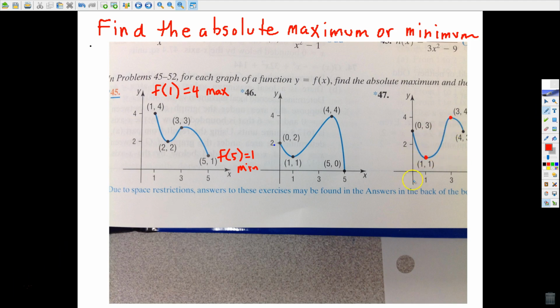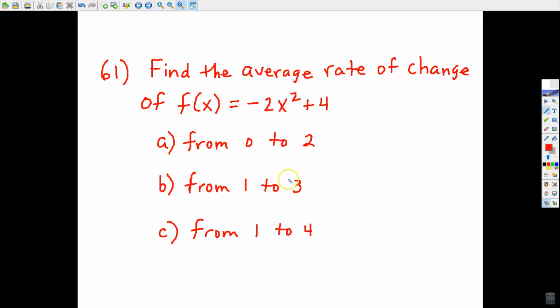So the way we'll state our minimum, we have this minimum value, f of 1 equals 1. And our maximum is up here, f of 3 is equal to 4. That is going to be our absolute maximum. All right, so there's a couple of those examples. And then this will wrap it up.